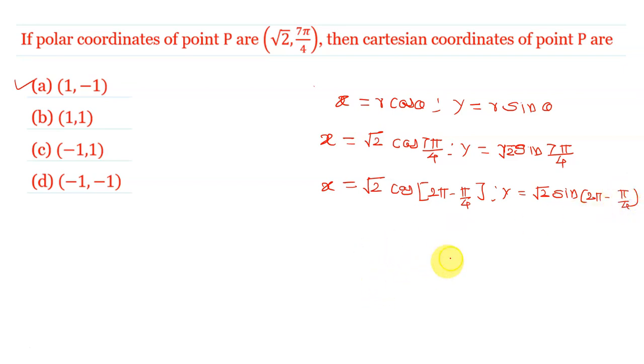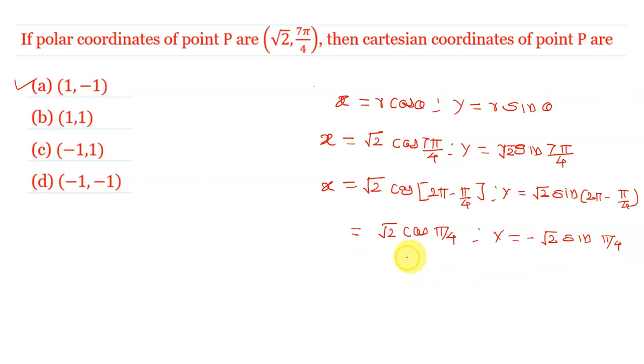Now, cos of 2 pi minus theta gives root 2 cos of pi by 4. And for the y coordinate, sine of 2 pi minus pi by 4, we have y is equal to minus root 2 sine of pi by 4.